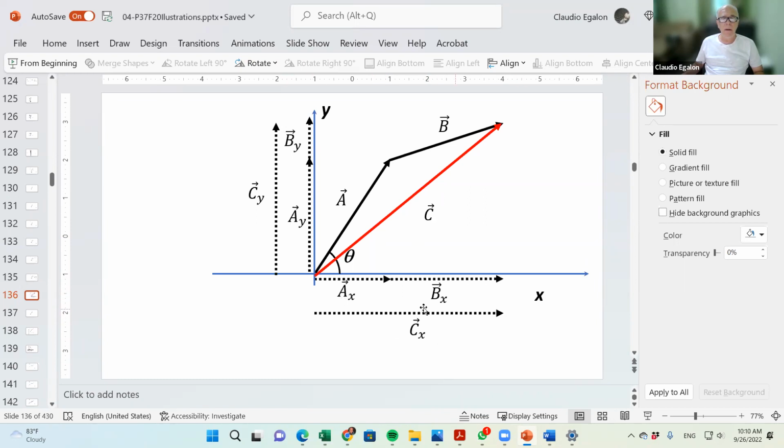The summation right here. And the y component of C is going to be the y component of A plus the y component of B. We're going to make a numeric example very soon, so you understand better.